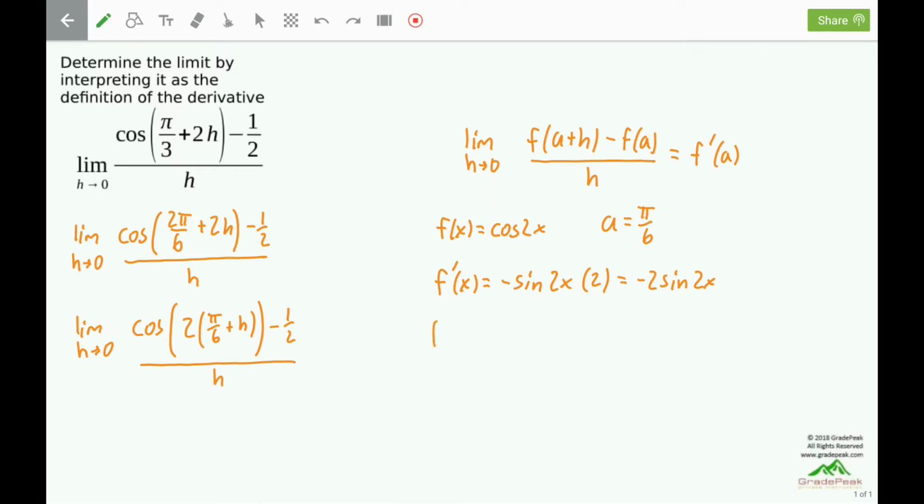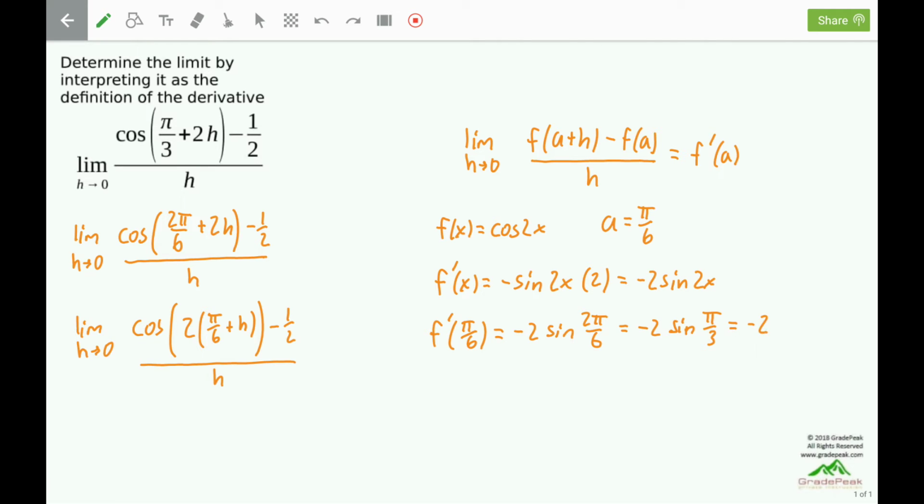We want f prime evaluated at a. Our a is pi over 6, so f prime of pi over 6, which will be negative 2 sine of 2 pi over 6. Negative 2 times the sine of 2 pi over 6, which is pi over 3, when you reduce, reducible by 2.